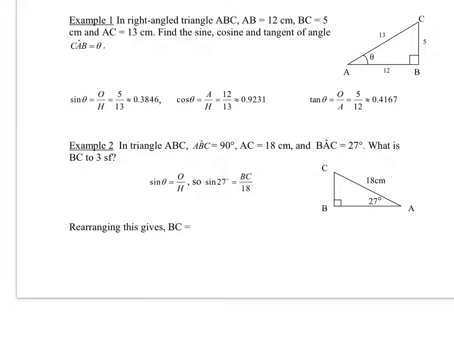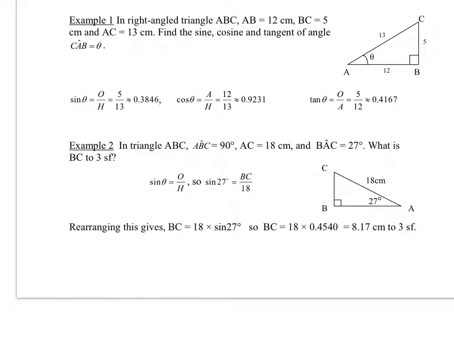Now, using your calculator, you can find what the sine of 27 degrees is equal to. BC is going to be 18 times sine of 27, and if you do that calculation, what you should get is 8.17 centimetres.